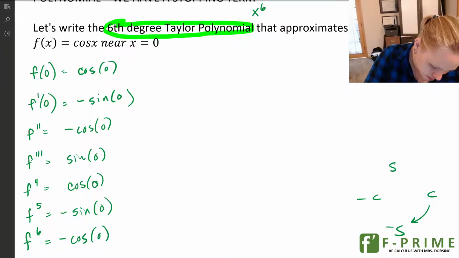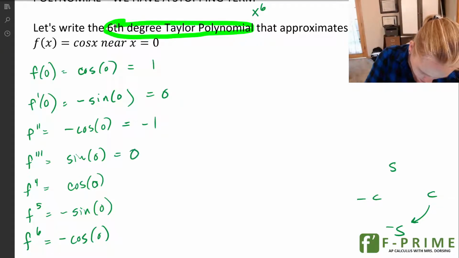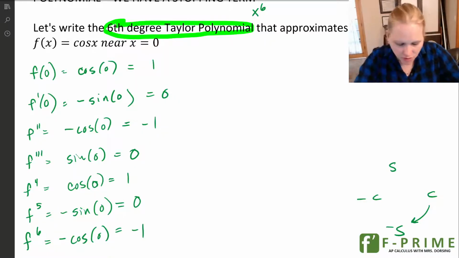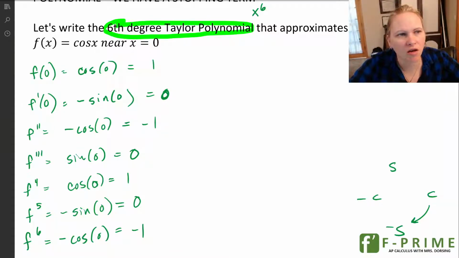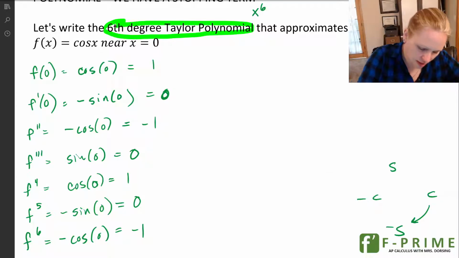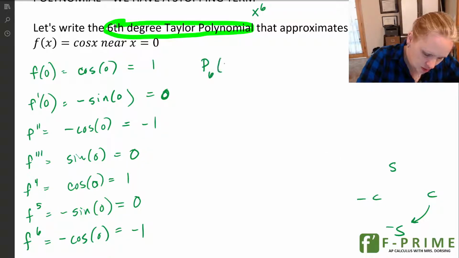So here we go. We're going to have 1, 0, negative 1, 0, 1, 0, negative 1. And we have this pattern much like we saw with sine. But this time the zeros are on all of the odd derivatives. So let's see what this looks like. My 6th degree polynomial will end up looking like this.